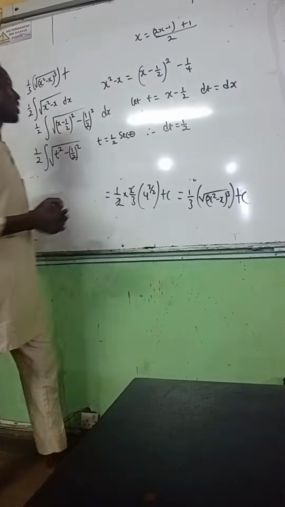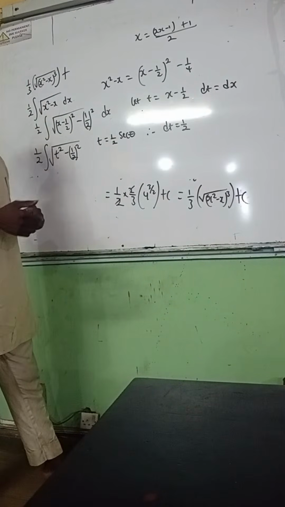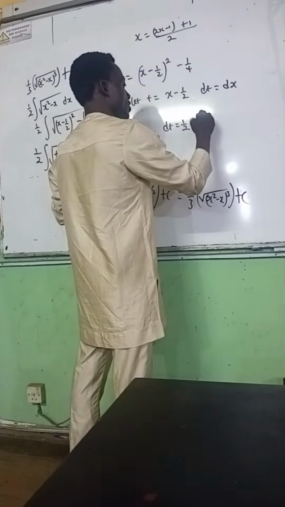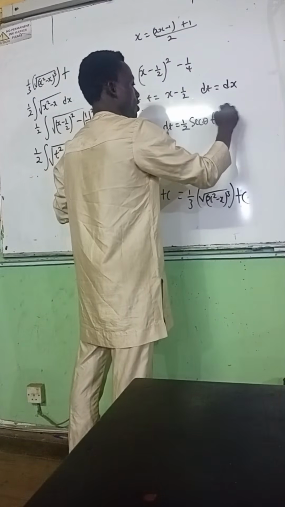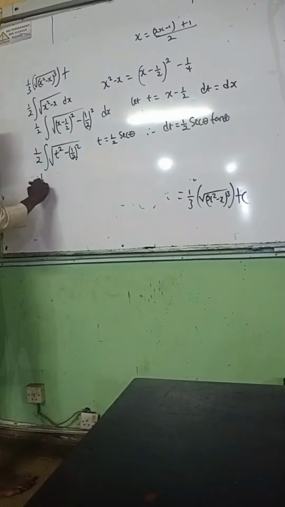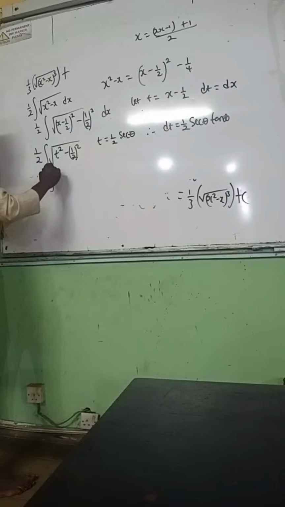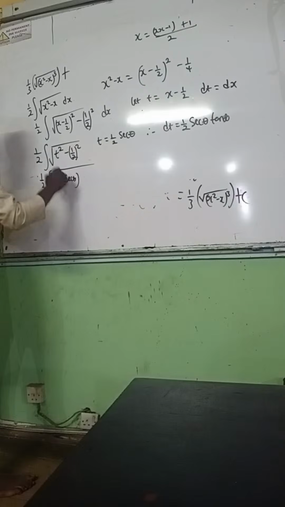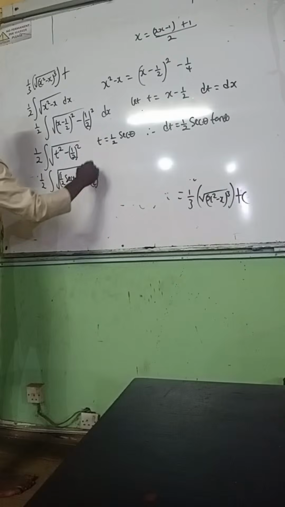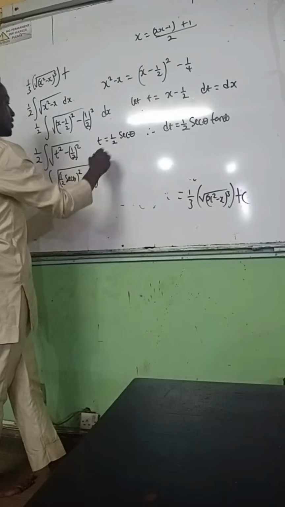If you differentiate sec theta, what do we get? We get sec theta tan theta, right? So here we have 1 over 2 integral of square root of t square, that's (1 over 2 sec theta) all square minus (1 over 2) all square, dt.